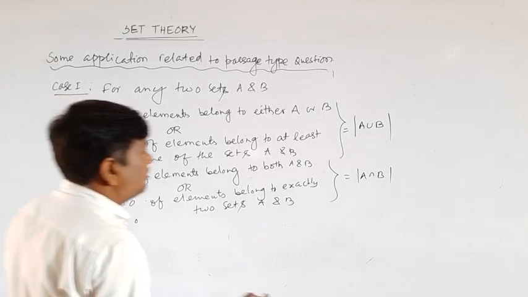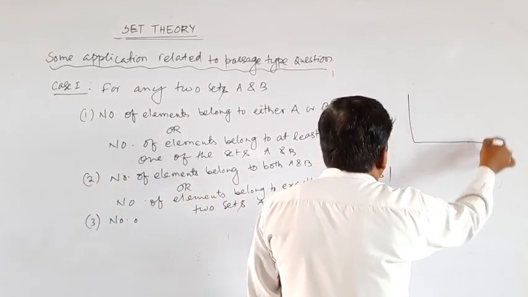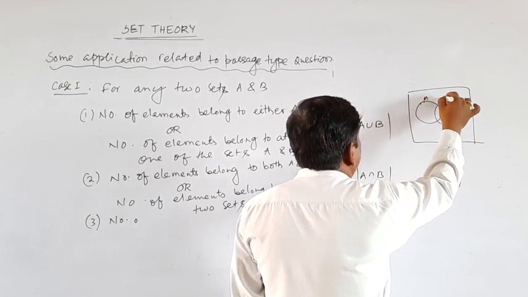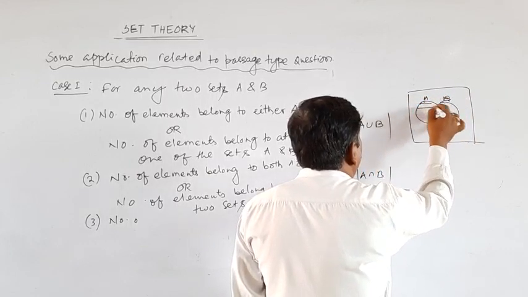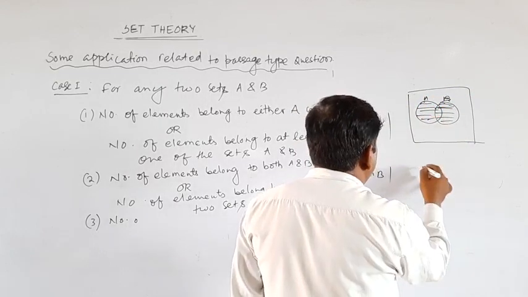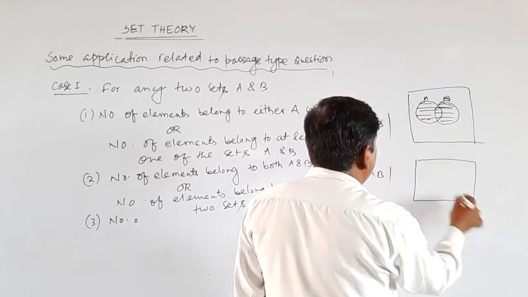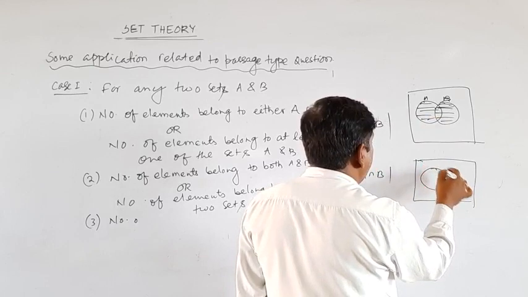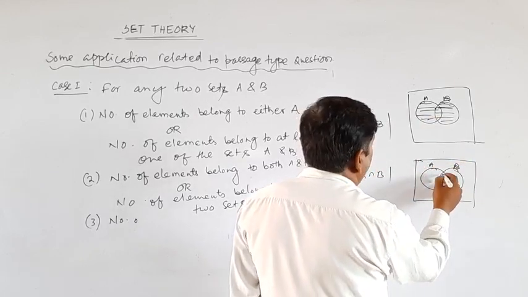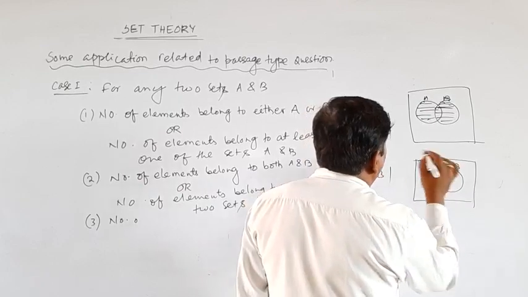This is the Venn diagram for the first case. This is A and this is B. This is either A or B, that is this. And this is the Venn diagram for both A and B. This is both.